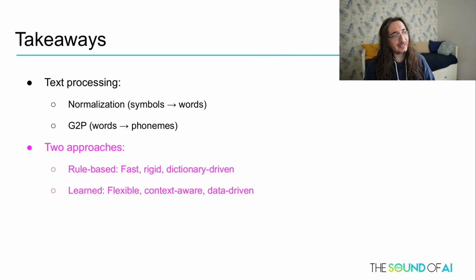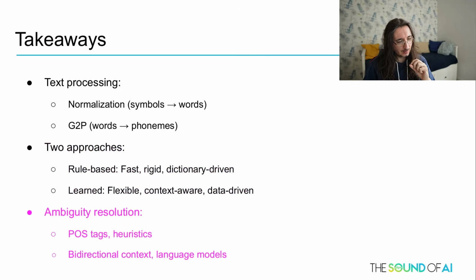And then you have another path that uses, most of the time, deep learning, so you learn from data. This is way more flexible. It is context aware, especially if you use bidirectional architectures for encoders and pre-trained language models like BERT, and of course it's data driven. Finally, the most important part of having a really solid production-level text processing framework is to resolve ambiguity.